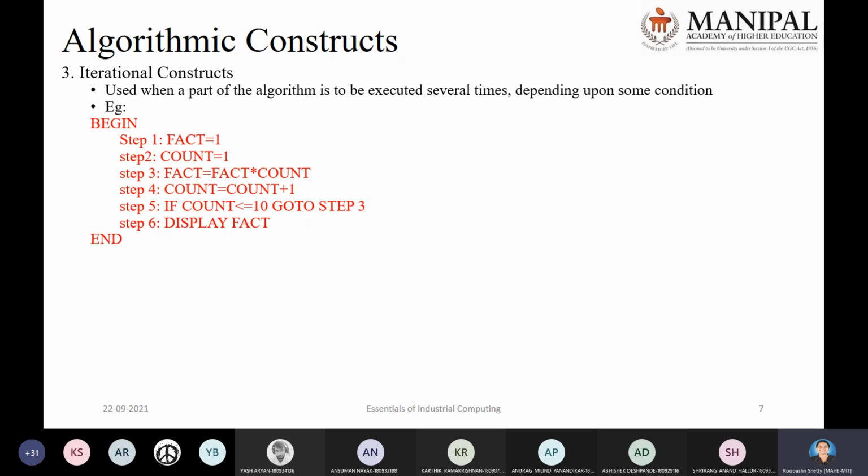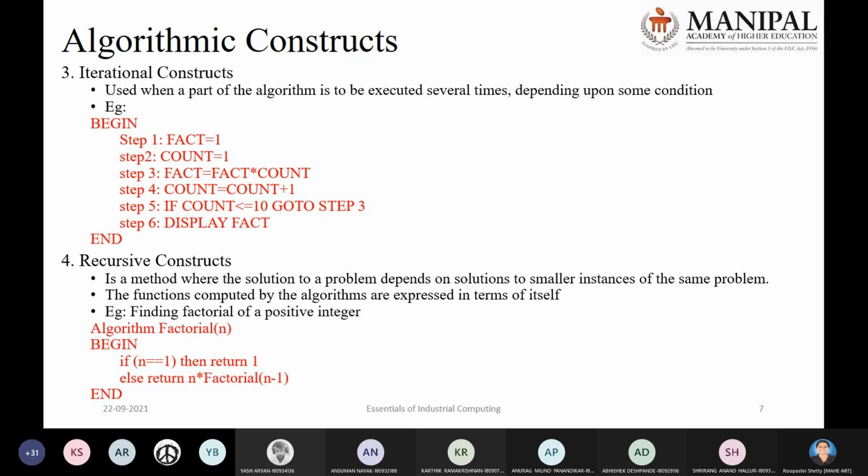So the function computed by the algorithm is expressed in terms of itself. Take the factorial function: inside that function you again call the factorial, but the parameters you need to change. That is why a solution to a problem depends on solutions to smaller instances of the same problem.